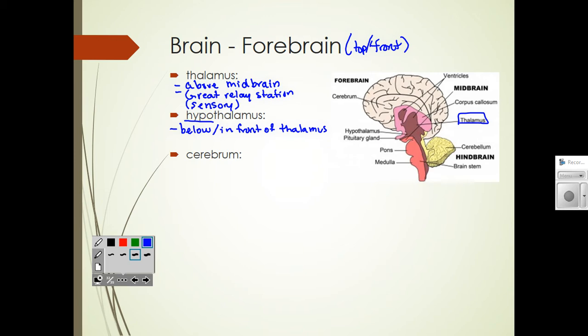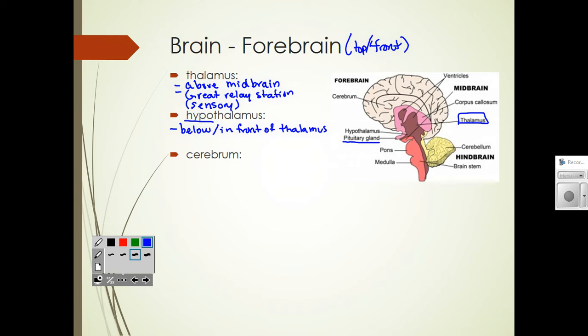So even though we're not talking about them yet, you have some structures called your pituitary glands. It looks like a little piece that's dangling when we're looking at a picture of a brain. And if I can identify where the pituitary gland is, it's attached to the hypothalamus. So wherever the little dangly piece is, the thing that came before it in the brain structure is the hypothalamus.